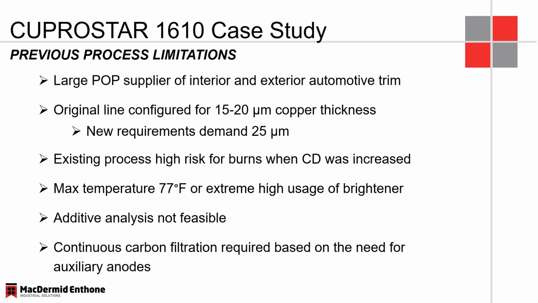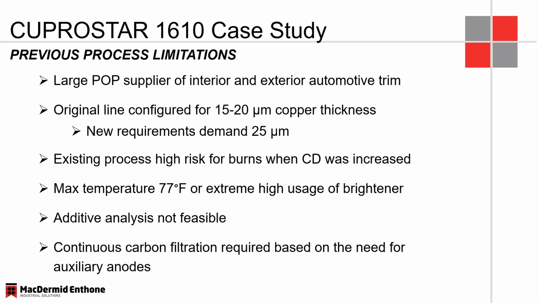Obviously, we talked about the fact that OEMs are requiring thicker copper deposits to help push OEM performance requirements to the new desired level. So how do I get this new thickness requirement without sacrificing production and efficiency? Whenever they tried to increase the current density to get that thickness, they had a lot of burning issues.